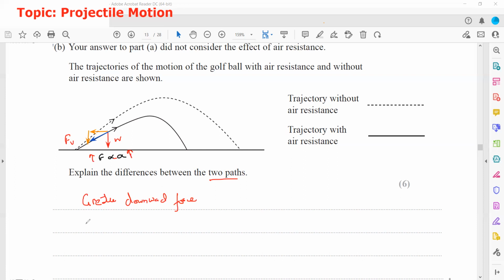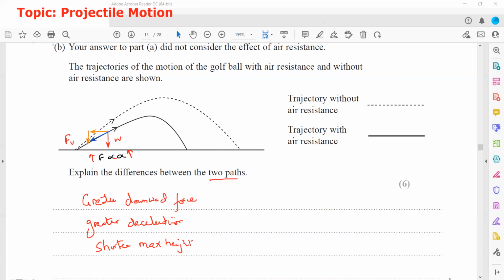Because the vertical component of air resistance and weight act downward, so greater deceleration, and as a result it will have a shorter maximum height.